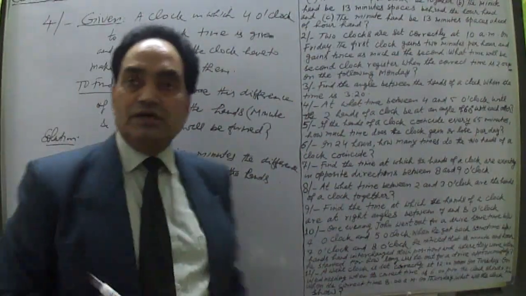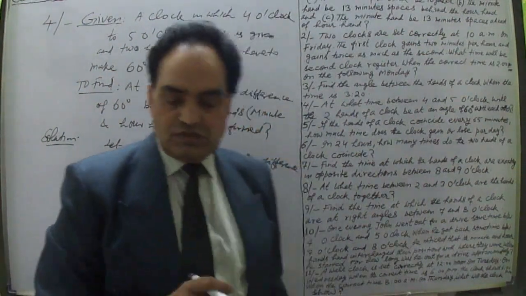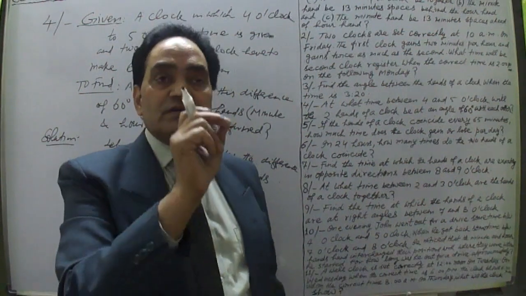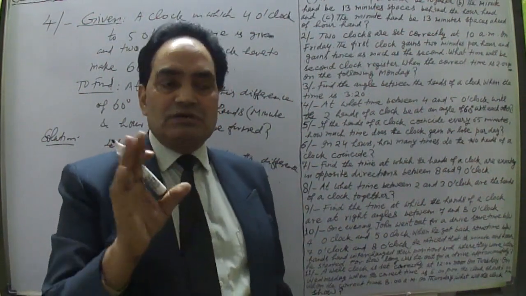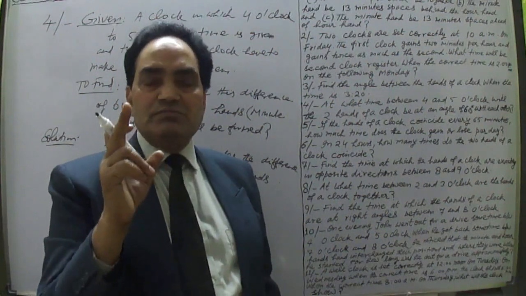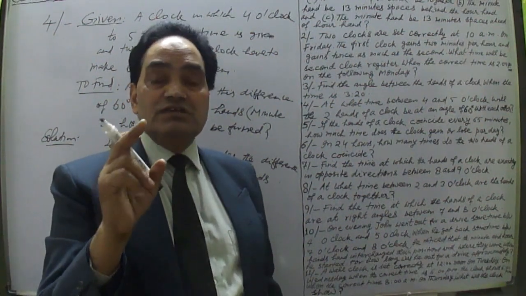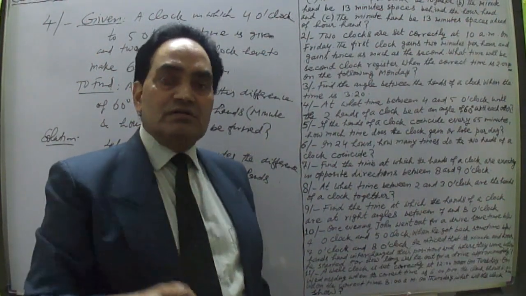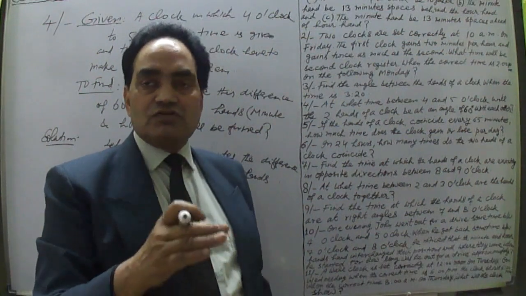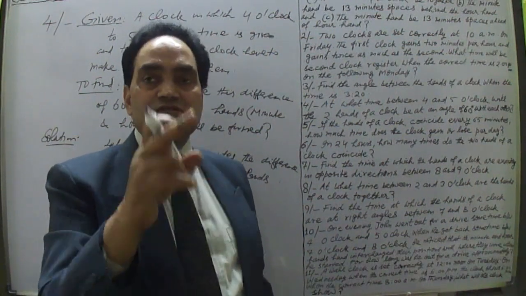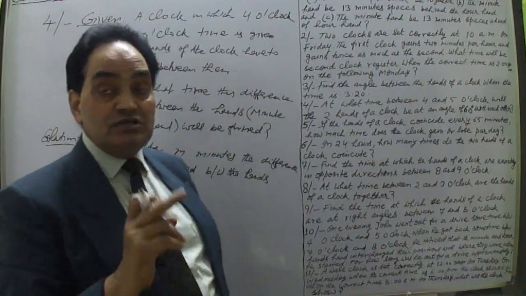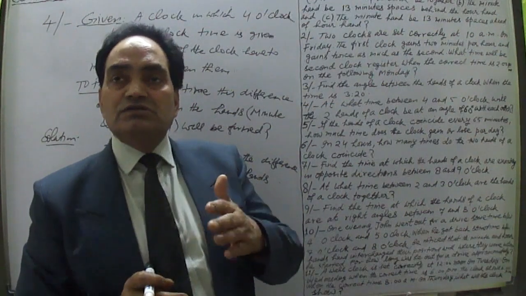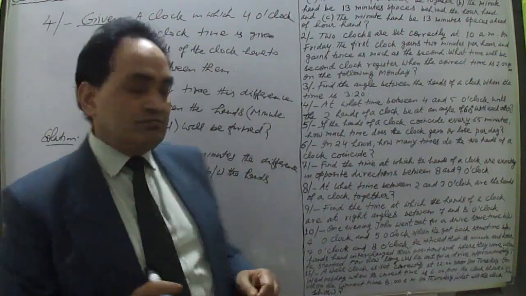It means a 60 degree angle is formed between the two hands. Now we have to find out that after m minutes time, the minute hand will move how much degree? As I have told you, in 1 minute the minute hand moves 6 degree. Why? Because in 60 minutes the minute hand moved 360 degree. Therefore, in 1 minute it will move 360 upon 60, that means 6 degree in each minute. So in m minutes, the minute hand would have moved 6 into m degree, right?